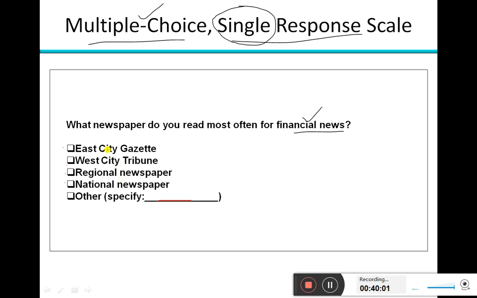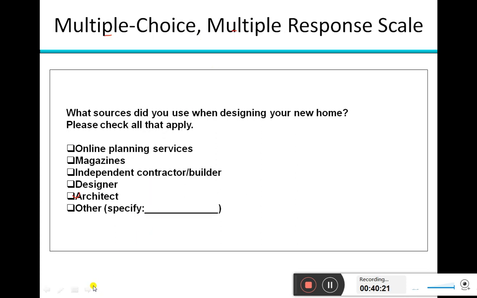Now you have multiple options. Let's suppose I prefer West City Tribune. Among multiple choices, I only prefer a single choice. So such a scale is known as the multiple choice single response scale. Hope, inshallah, a bit of the idea will be clear.